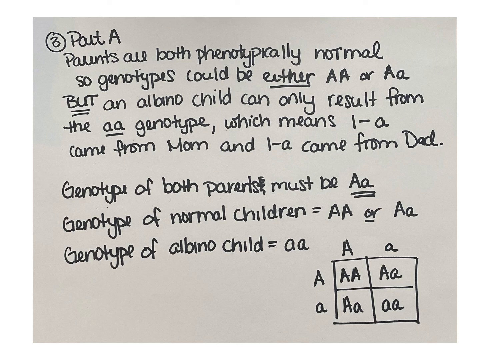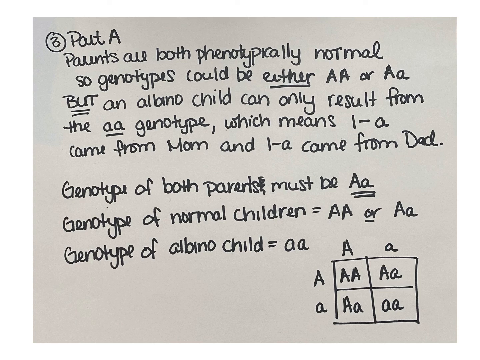The genotypes of both parents must be heterozygous. The genotypes of the normal children are going to be either homozygous dominant or heterozygous, and the genotype of the albino child is going to be homozygous recessive.